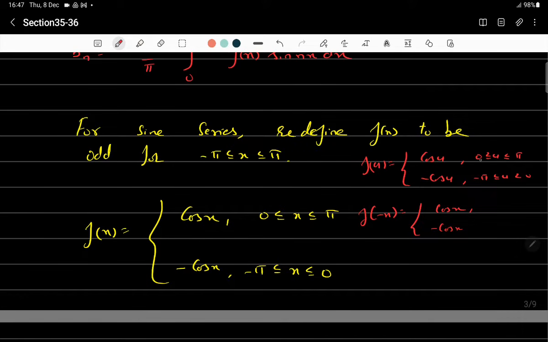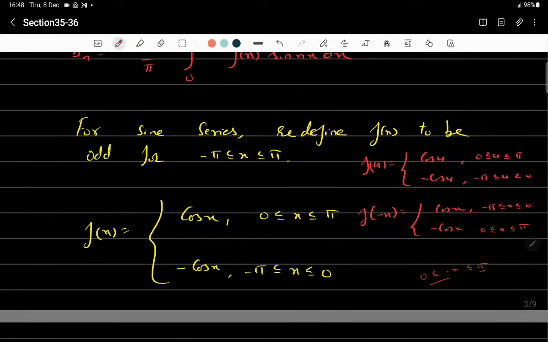But here, when you write 0 less than minus x is less than pi, this is the same as minus pi less than x is less than 0, because it is minus x here. And similarly in the other case you will get 0 less than x is less than pi.